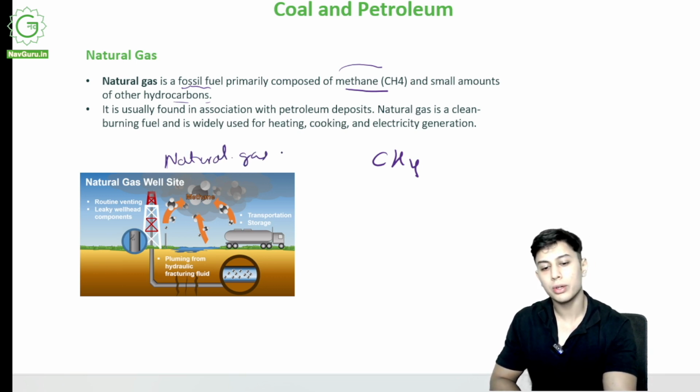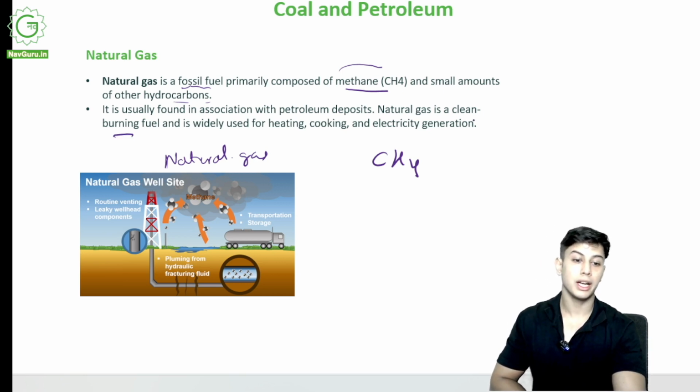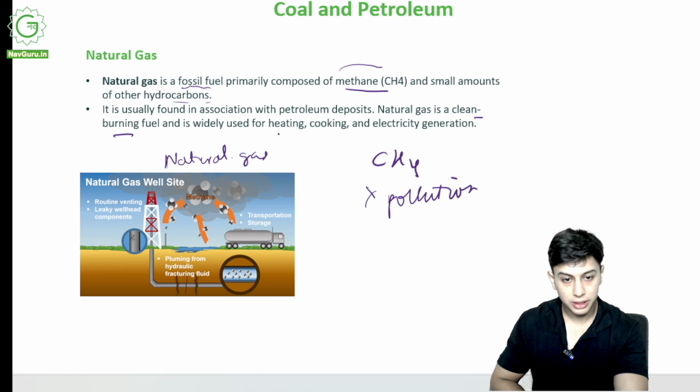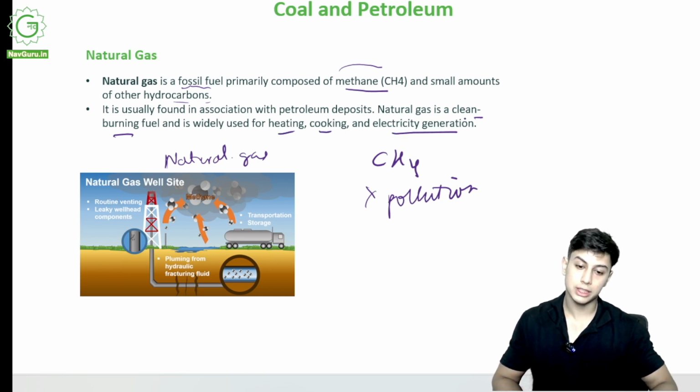It is found with crude oil only. Natural gas is a clean burning fuel. It does not cause pollution. It is used for heating, cooking, and electricity generation. Where do I use natural gas? Heating, cooking, and electricity generation.